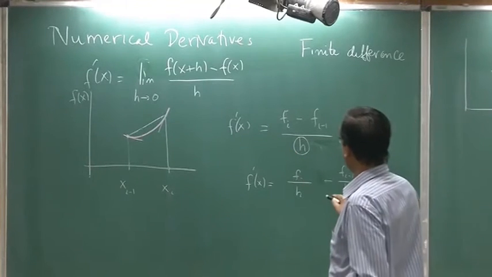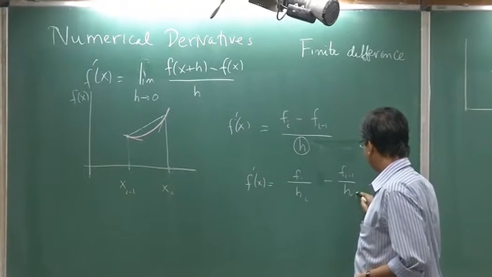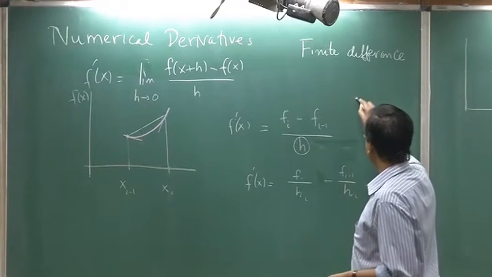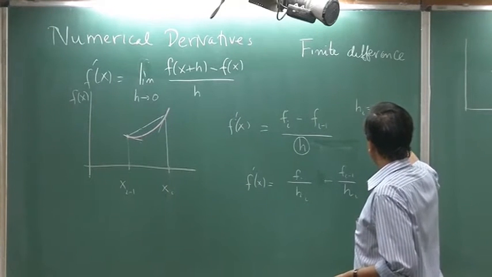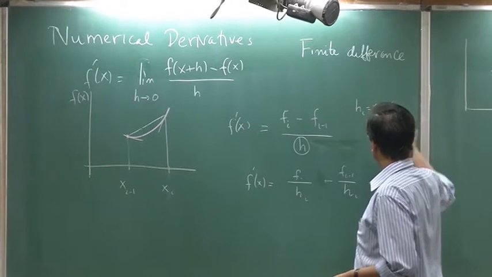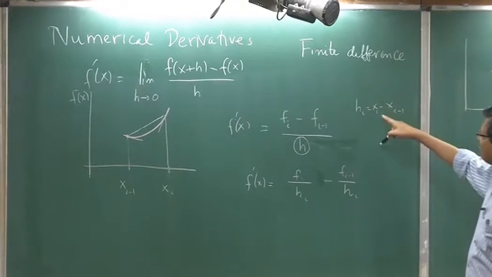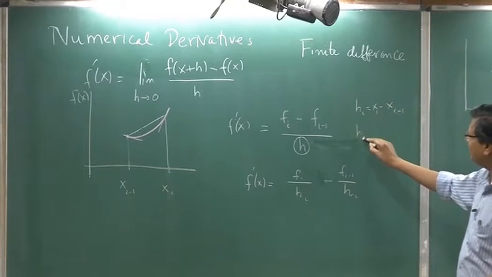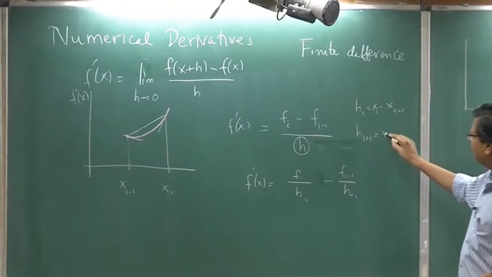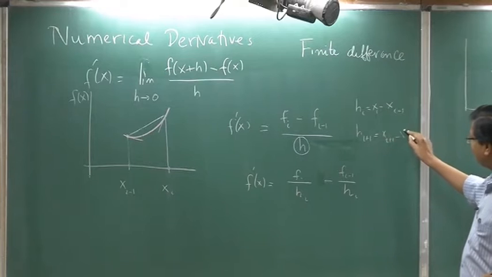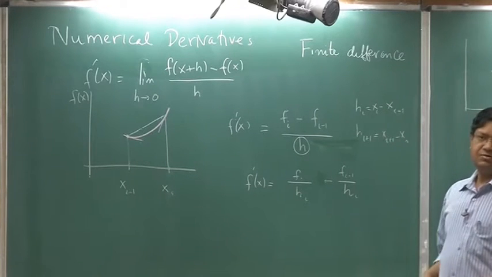In fact, hi is defined as xi minus x, the higher of the two. So that again you have to keep in mind: xi minus xi minus 1. What about hi plus 1? It will be xi plus 1 minus xi.